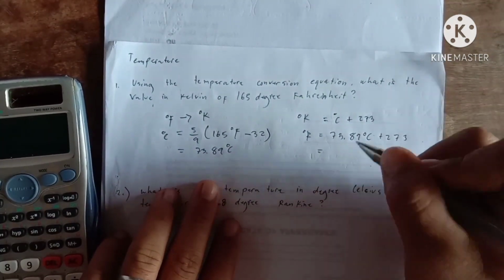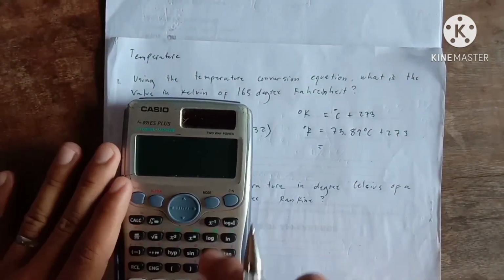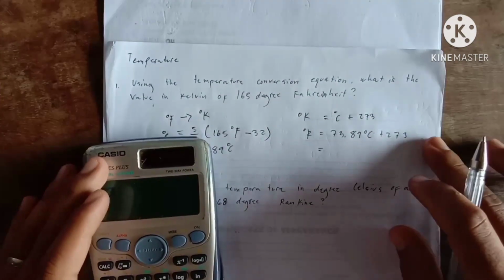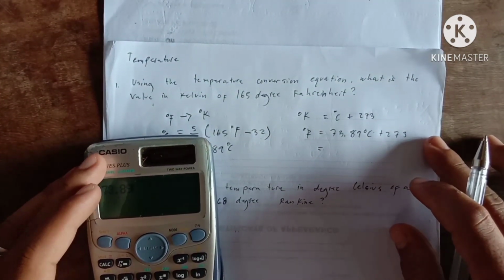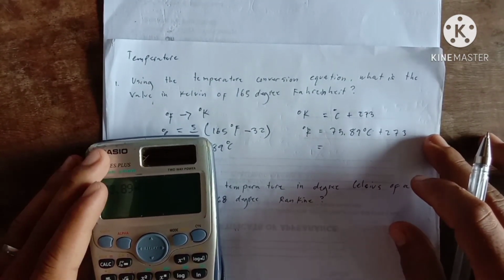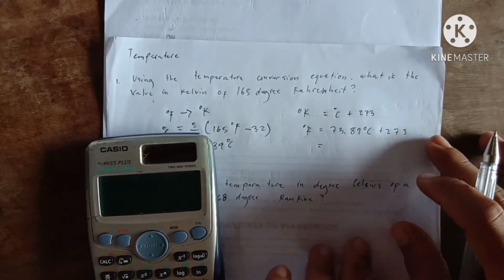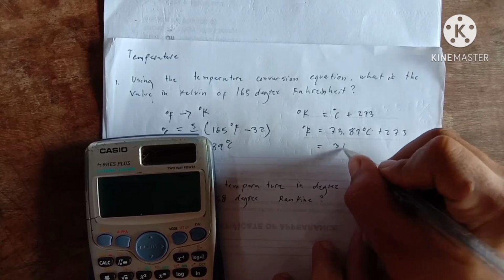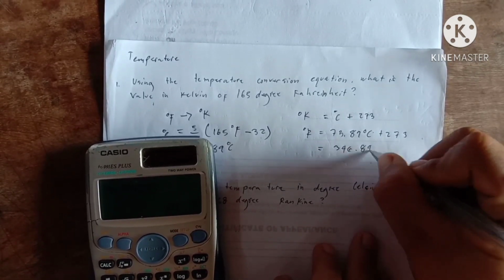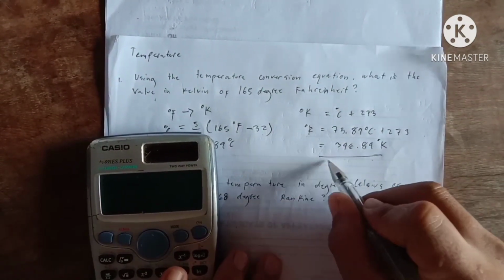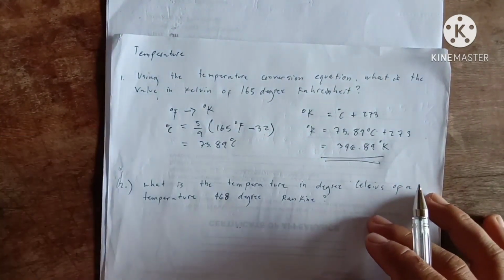So Kelvin equals 73.89 plus 273 equals 346.89 Kelvin. So that's the final answer of problem number 1.